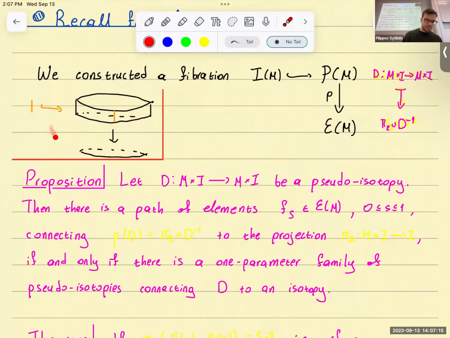So maybe you want to have a mental picture of a fibration like the one that I'm showing here.